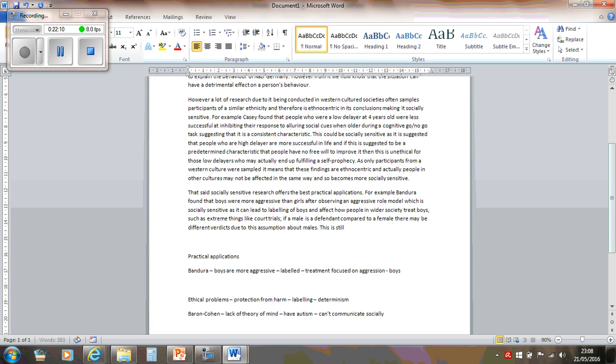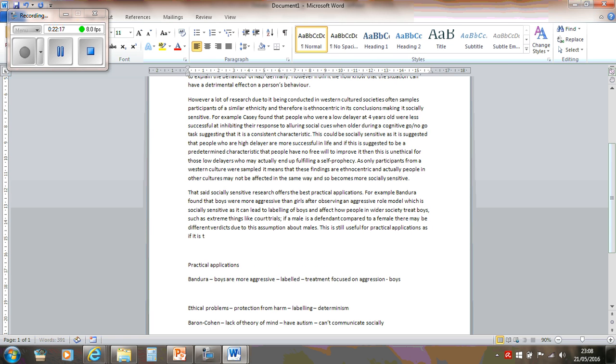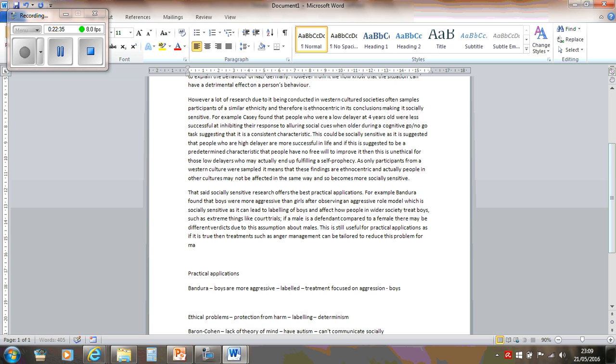This is still useful for practical applications, as if it is true, then treatments such as anger management can be tailored to reduce this problem for males.